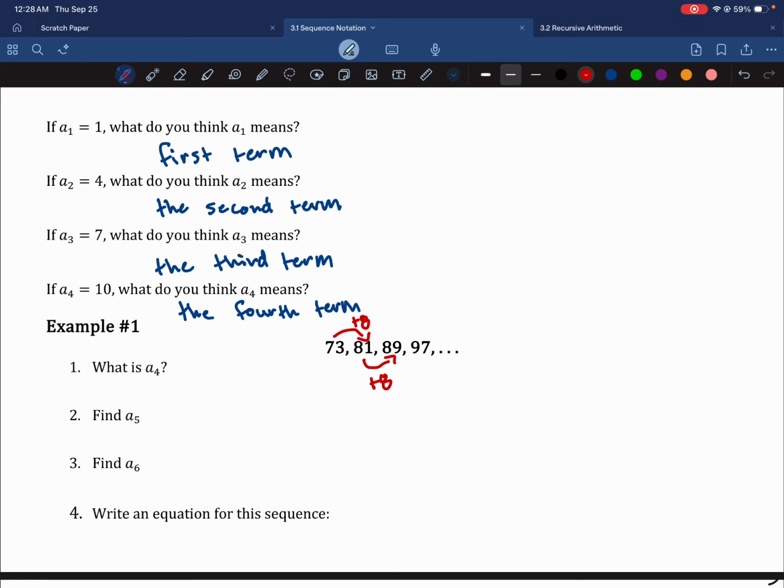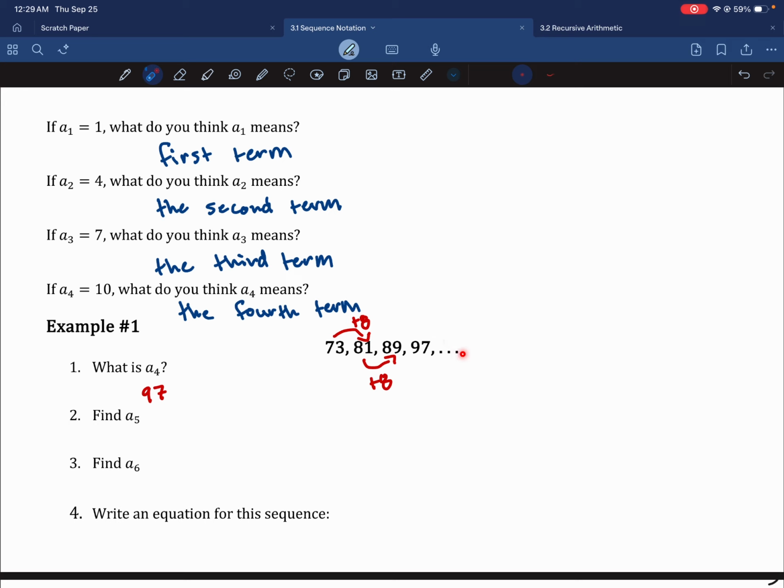Okay? So looking at the questions over here, what is a sub 4? Well, here's my first term, second term, third term, and fourth term. Okay? So my fourth term is 97. The next question, what is a sub 5?